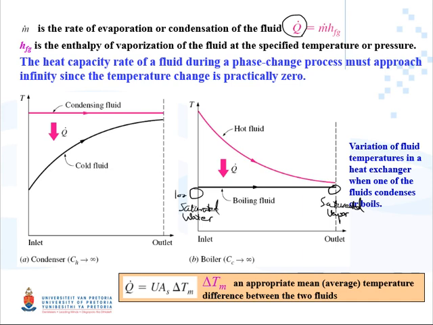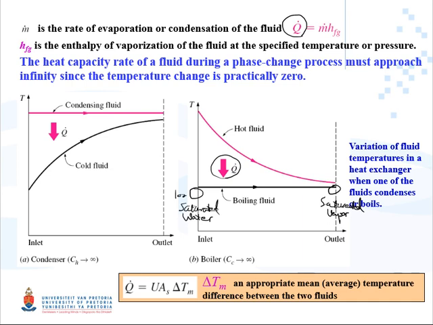But what is happening in this process is a phase change process. Because in order for the phase change to happen, you need energy. You need to receive it from the hot fluid. When you receive this energy, of course the hot fluid will lose temperature, and in a condenser it is vice versa.